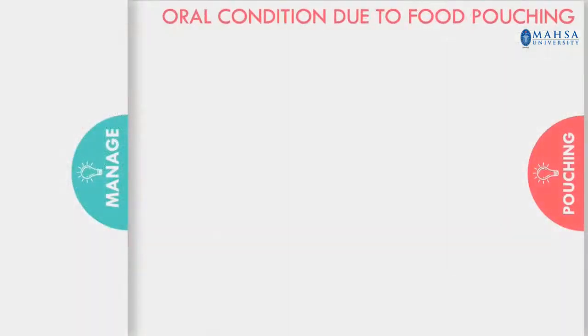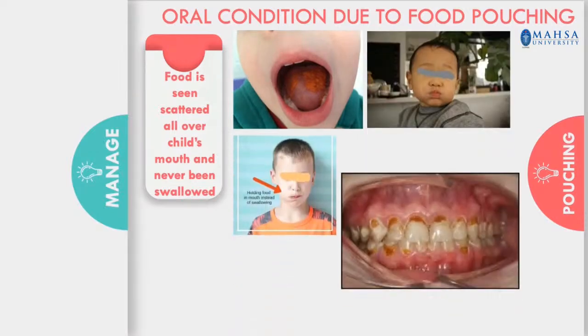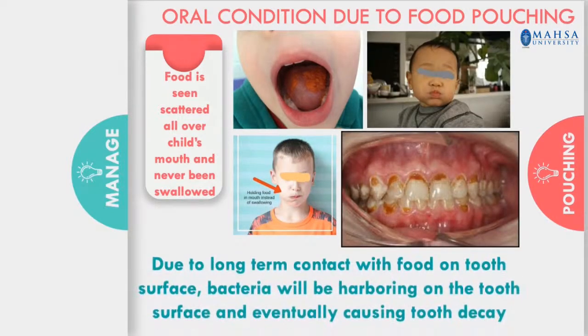Now, when we examine the mouth of the children, we can see food scattered all over the child's mouth and never swallowed. Due to long-term contact with food on the tooth surface, bacteria will be harboring on the tooth surface and eventually causing tooth decay.